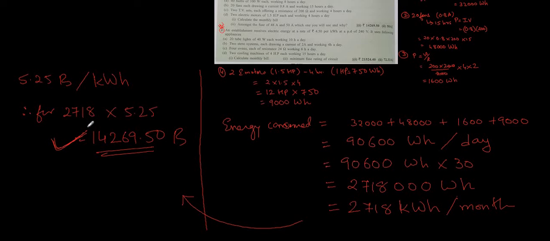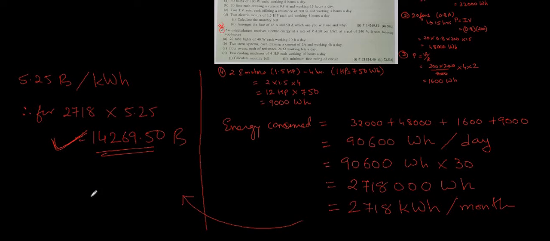Understood? I hope you understood each and everything. It is pretty simple. The thing is that you require to know the formulas that you are going to use. Understood? So this is my monthly bill, 14,269 rupees and 50 paisa.